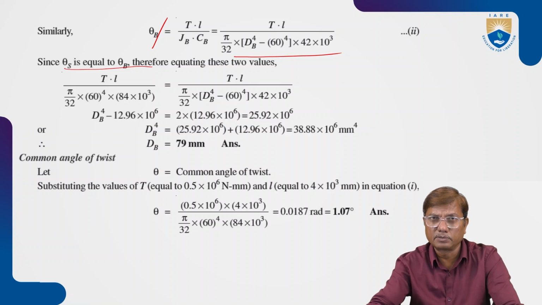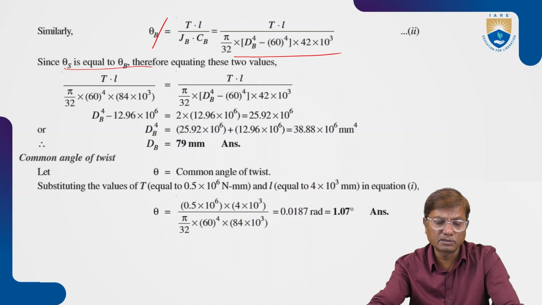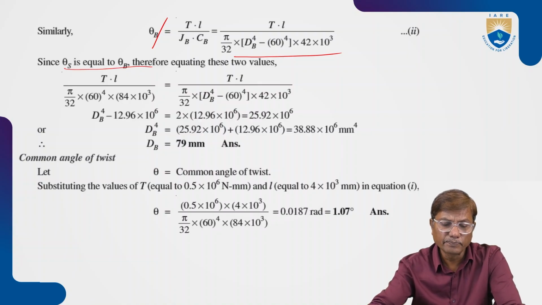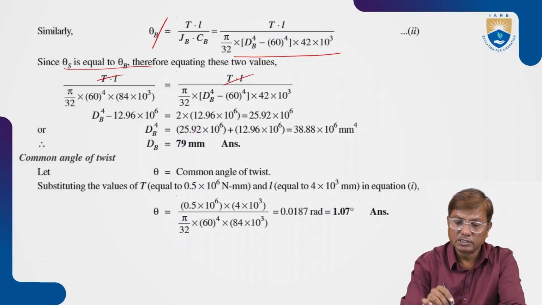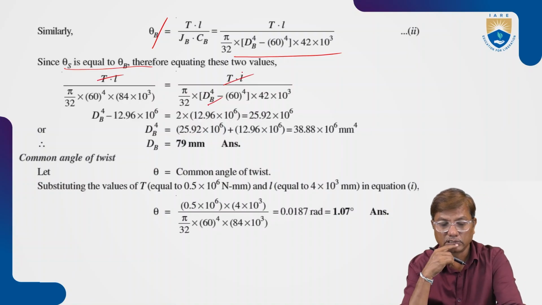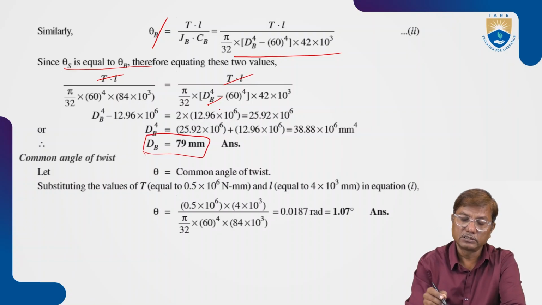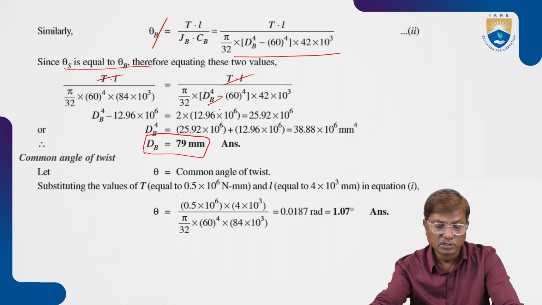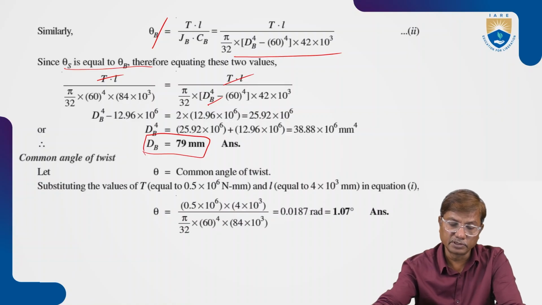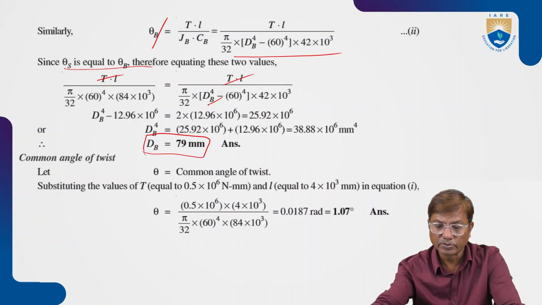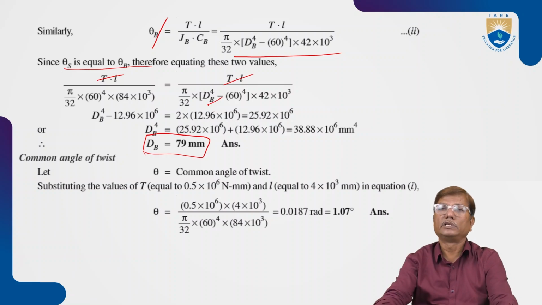In the previous problem also we have seen angles of twist are same, theta S is equated to theta B. So TL gets cancelled here and the only unknown we have is dB, which is obtained by solving this as 79 millimeters. The outside diameter of brass tube is 79 millimeters.